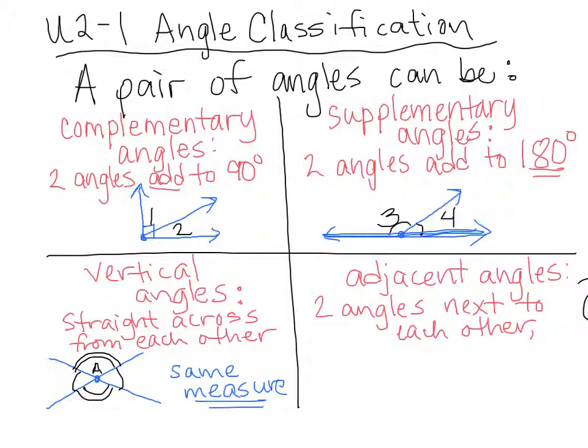They are going to share a vertex and a side. Okay, share a vertex and side. And they aren't necessarily special complementary or supplementary angles, so it might just be something like this.